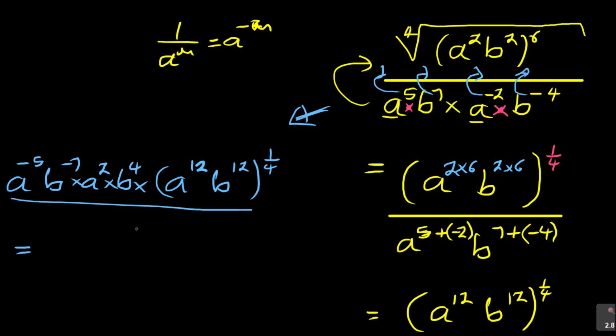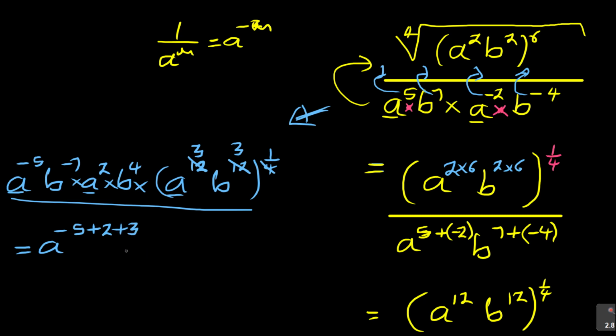Then you can move on. Remember, this 4 was cancelling here to become 3, and this one is making this become 3. So you can now focus on the a's: you have a to the power of minus 5 plus 2 plus 3.